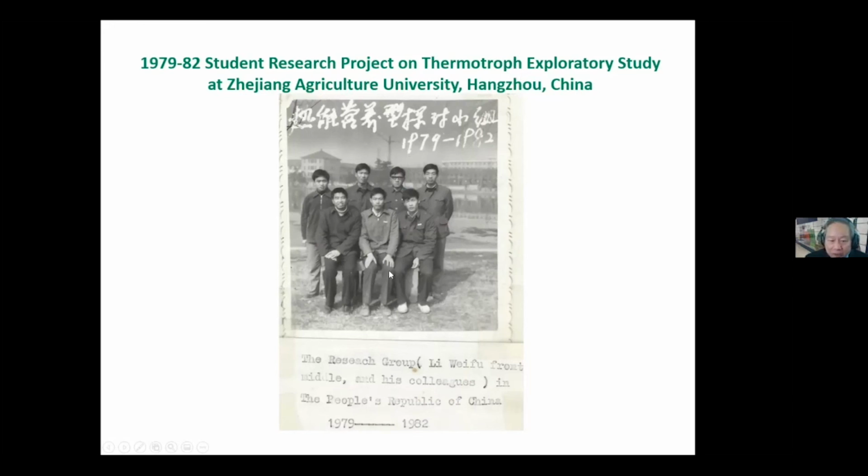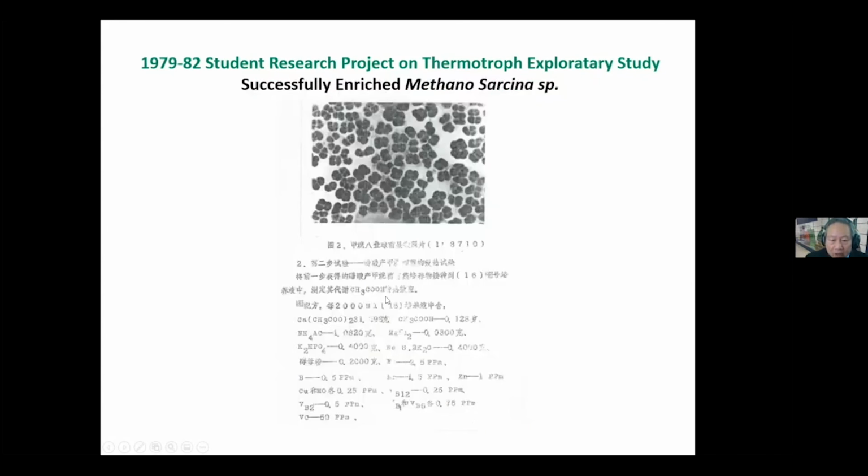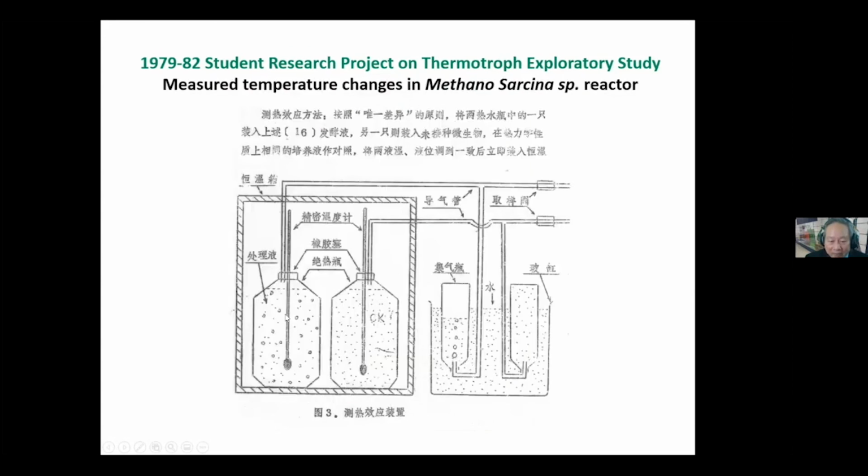So we did an experiment on the heat absorption of thermophilic bacteria, in this case a methanol-utilizing culture. We enriched it, which was a great achievement for students 40 years ago. Then we put this in a reactor with acetate medium. They ferment and metabolize, making methane.